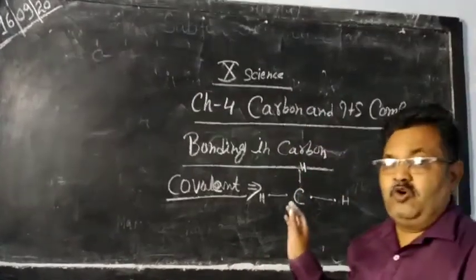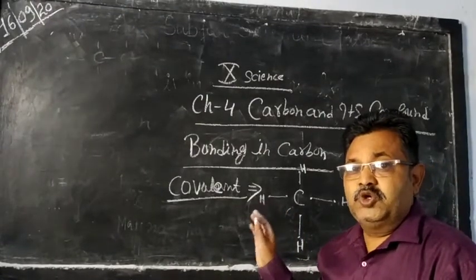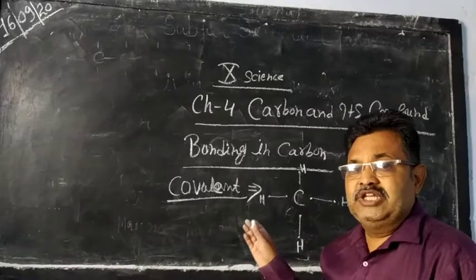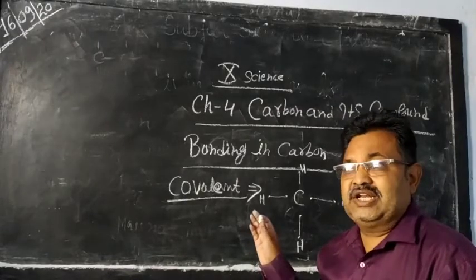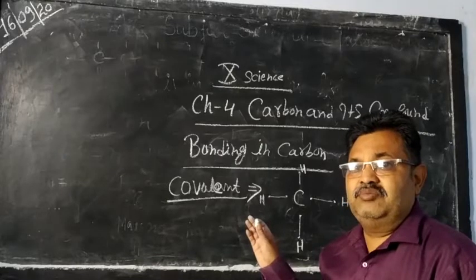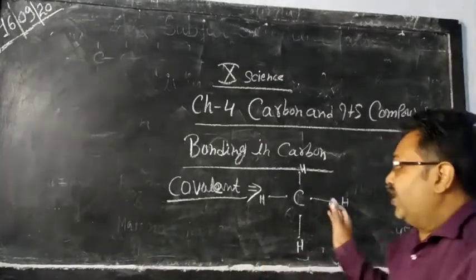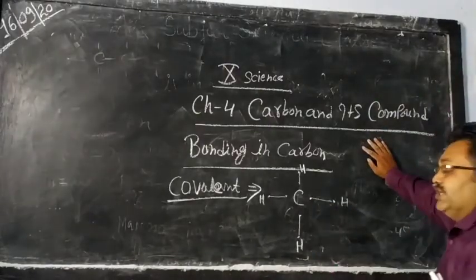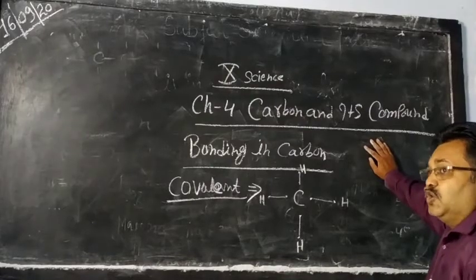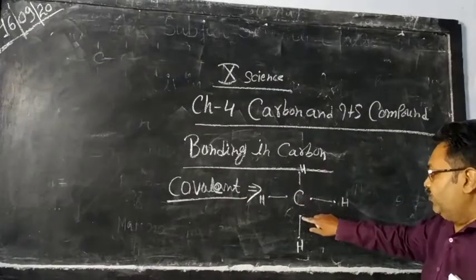When four electrons of carbon, due to the equal sharing of electrons with another atom, form a bond, it is known as covalent bond. For example, here carbon, its valency is 4, so there are 4 electrons, 1, 2, 3, 4.